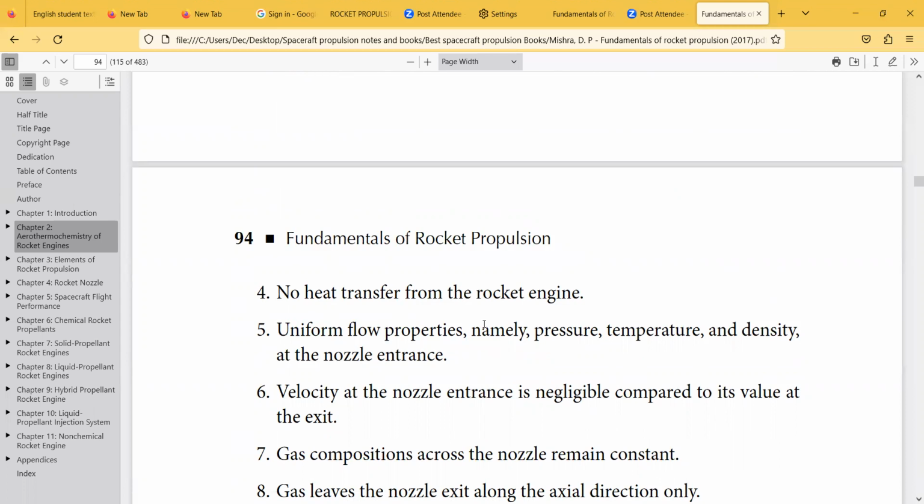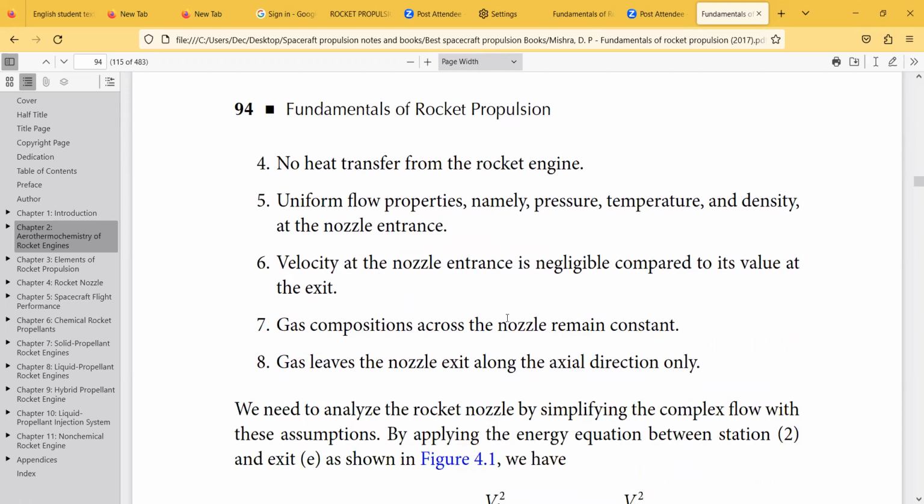So we use an appropriate shielding material, a heat resistant material, at the combustion chamber, so that heat transfer is prevented. In actual, there may be a small heat exchange through the material, but that will not be considered here.